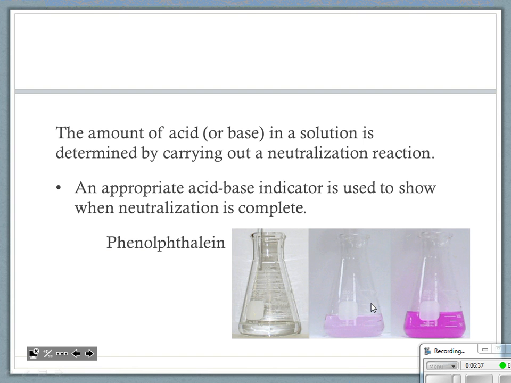The amount of acid or of base in a solution is determined by carrying out the neutralization reaction. And in order to do a neutralization reaction, we need to have the proper or an adequate acid-base indicator.